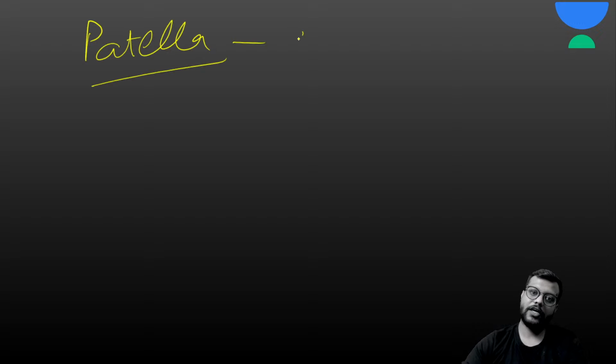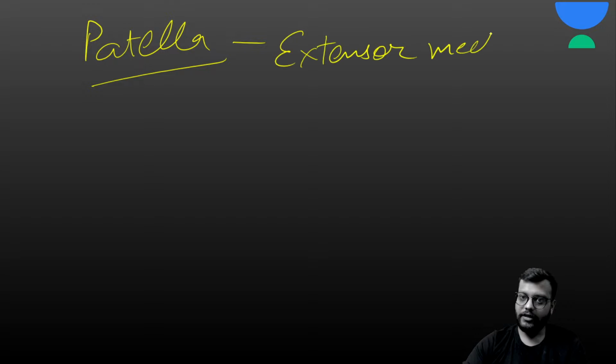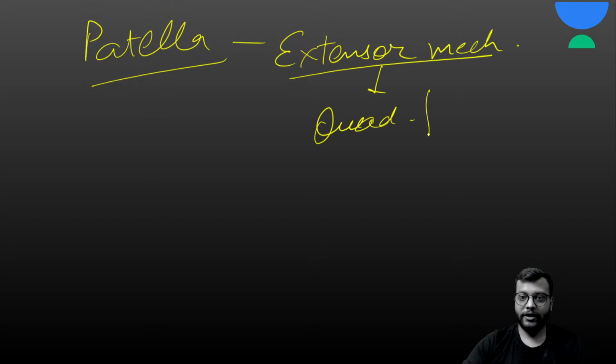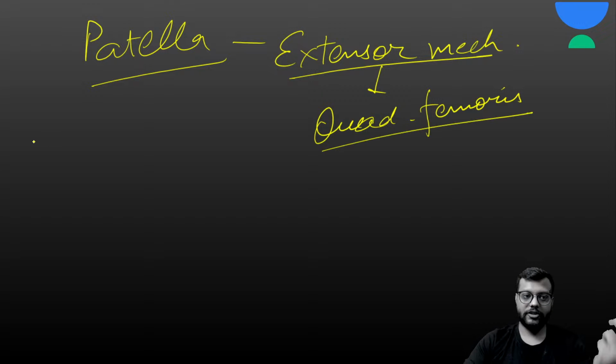Okay, before moving on to the patella, the patella is responsible for the extensor mechanism of the knee, and it is due to the quadriceps femoris muscle. Above, the quadriceps femoris tendon attaches to the femur.